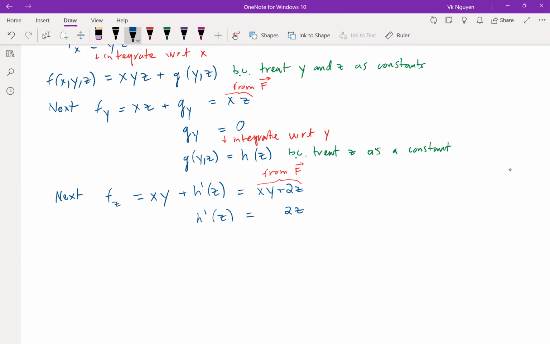So from here, you can integrate with respect to z.